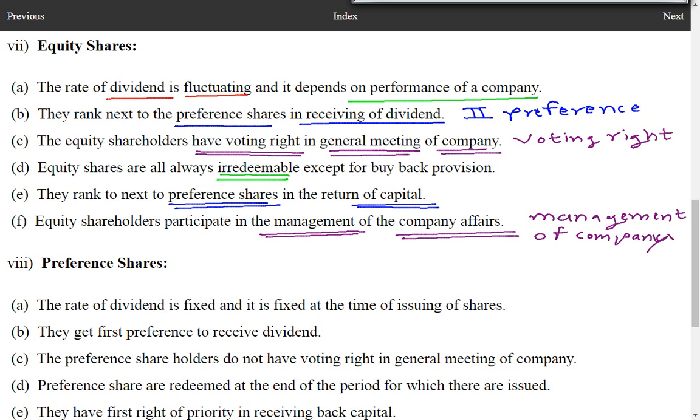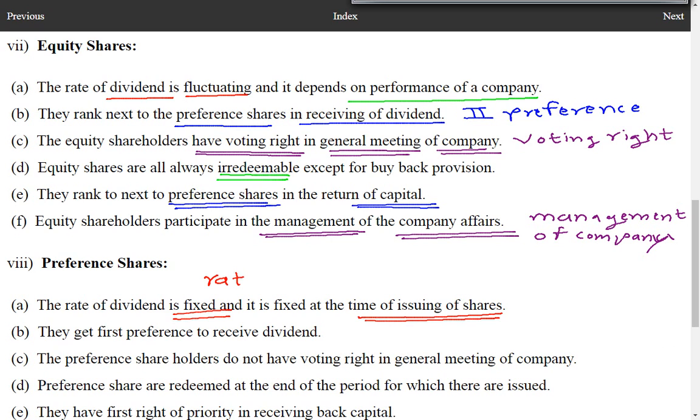For preference shares, the rate of dividend is fixed and it is fixed at the time of issuing shares. So note the difference between equity shares and preference shares.